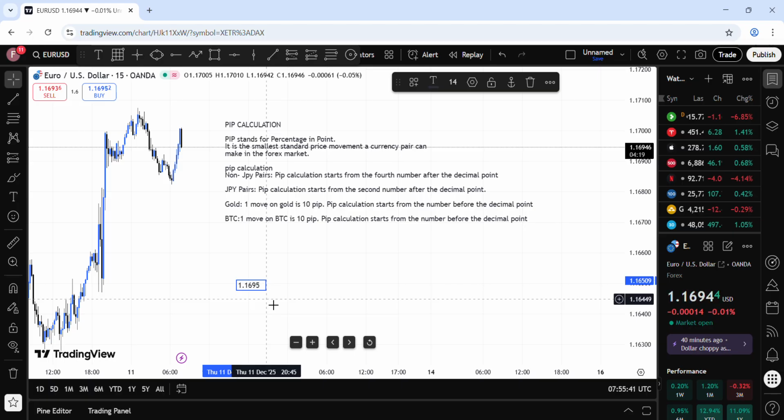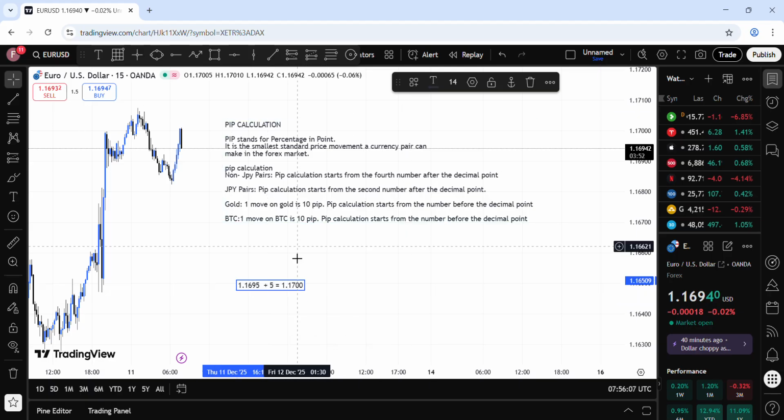So if I say the market has moved 5 pips, it will be plus 5. It has moved 5 pips upward, which will make the new market price 1.1700.